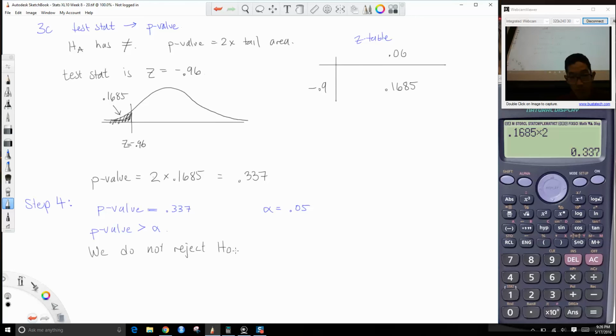Is the alpha always going to be given to us? If the alpha is not given, assume it's 5%. Otherwise, somewhere in the problem it will say, use a significance level of 1% or 10%. Alpha is the significance level. If it's not specified in the problem, assume that it's 5%, okay?